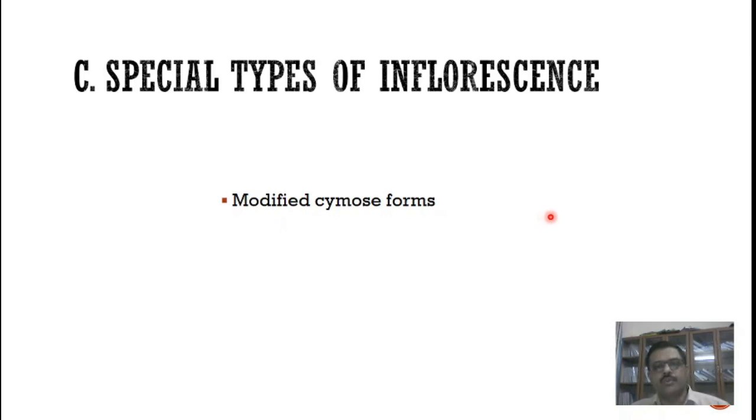These special types of inflorescence can be modified cymose forms in some cases, or we can say that they are mixed inflorescence. So they may be mixed inflorescence or modified cymose forms.